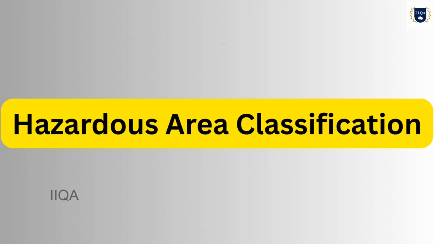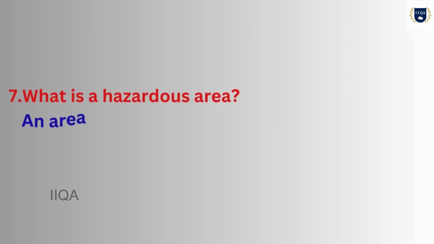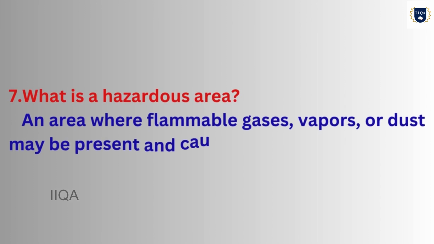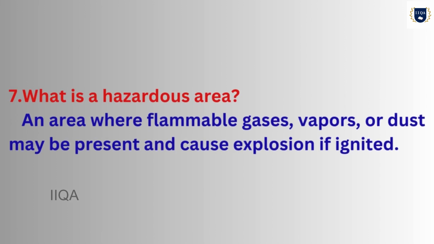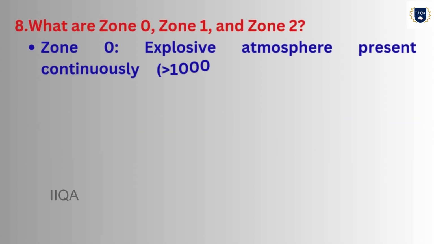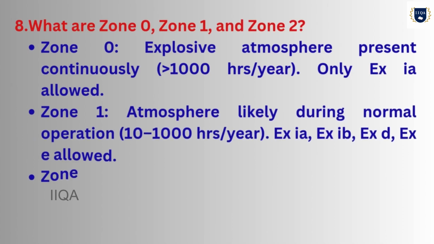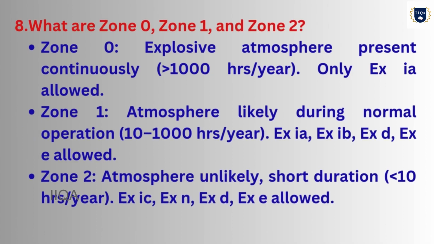Hazardous area classification. What is a hazardous area? An area where flammable gases, vapors, or dust may be present and cause explosion if ignited. What are Zone 0, Zone 1 and Zone 2? Zone 0, explosive atmosphere present continuously, greater than 1000 hours per year.